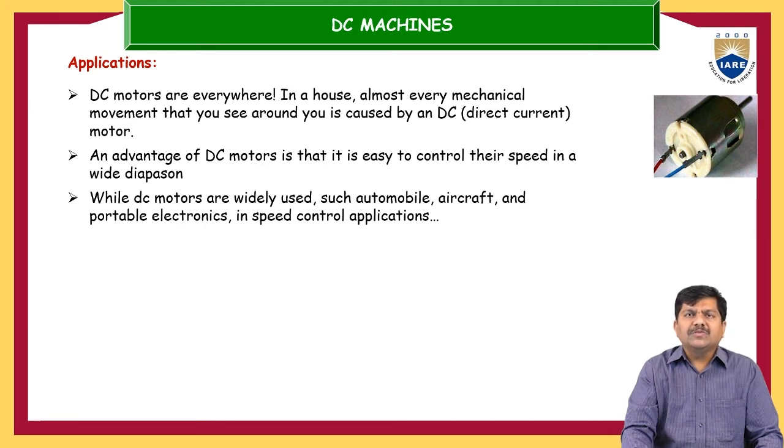Now, in this video session, we are going to discuss the principle of operation at the beginning. Then we will proceed to the various constructional details, application-wise, and the various mathematical equations involved in electrical machines.